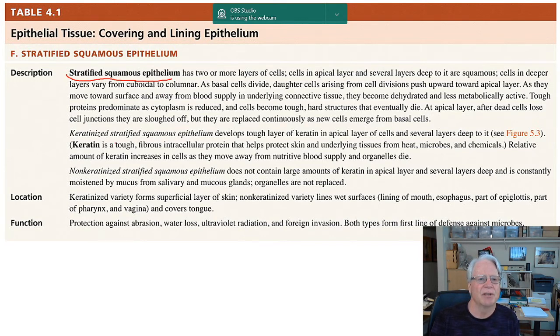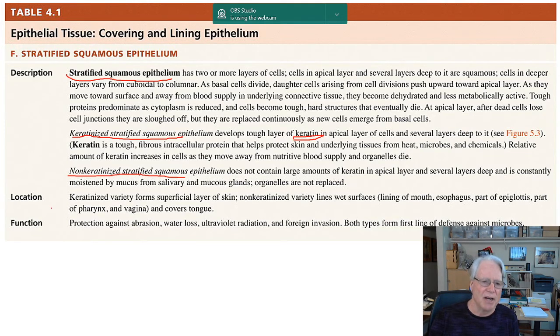Let's see, what else can we see? So I'm going to ignore a little bit keratinized stratified squamous epithelium as opposed to non-keratinized. We'll talk a little bit about that more later on. Very briefly, keratinized stratified squamous epithelium has this protein called keratin in it.